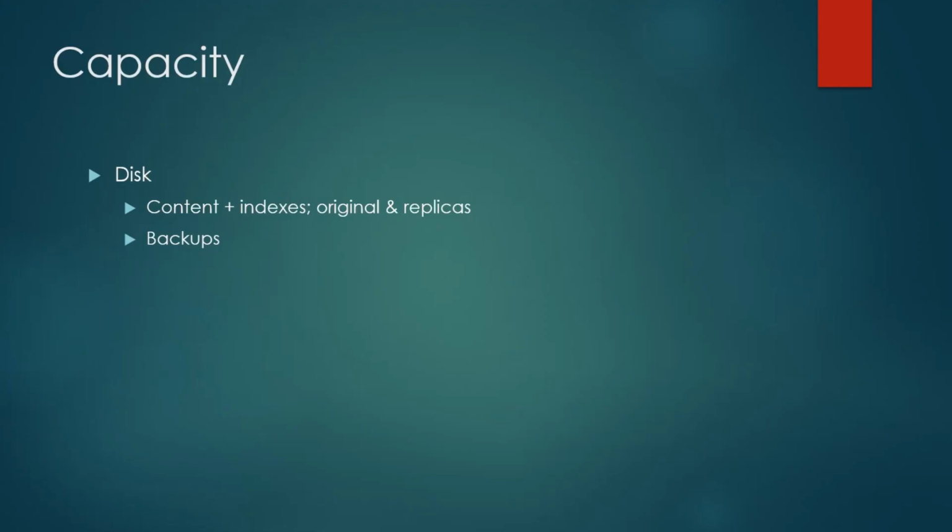Backups are often stored in a different location. And if that's something like S3, we can treat that as almost an infinite resource, so we don't have to worry about making sure we have enough. But if it's not something like that, we need to make sure that we have enough to do our backups, to retain a couple of copies, and just ensure we have that covered. But disk isn't just about size, it's about speed.